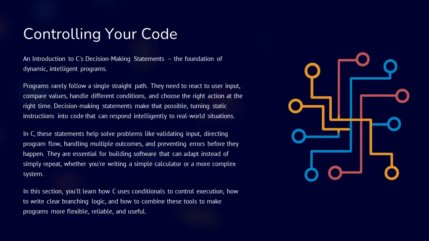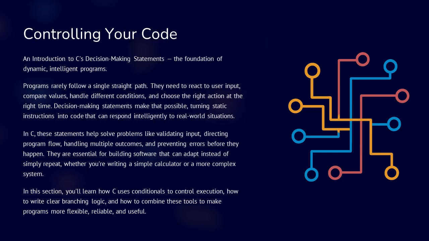In this session, we will learn how C uses conditionals to control execution, how to write clear branching logic, and how to combine these tools to make programs more flexible, reliable, and useful.